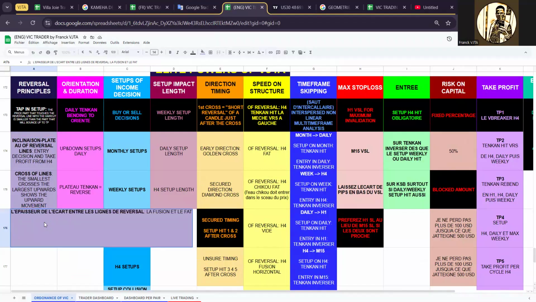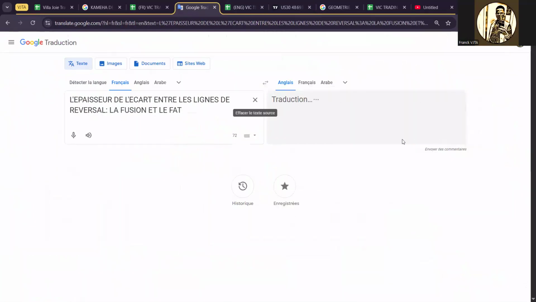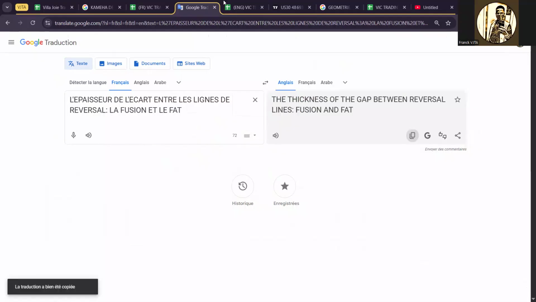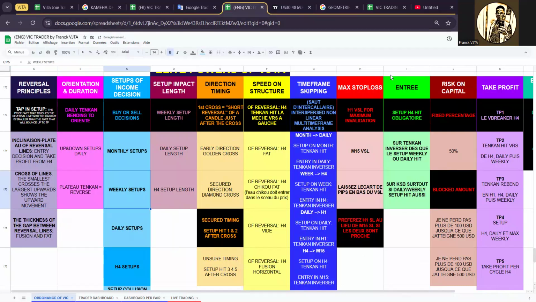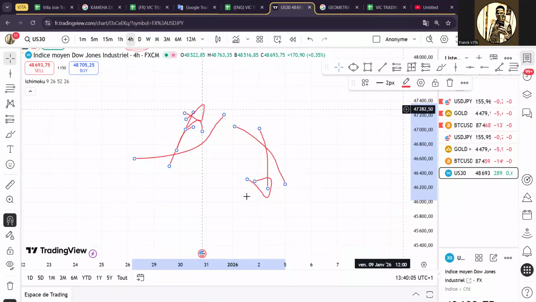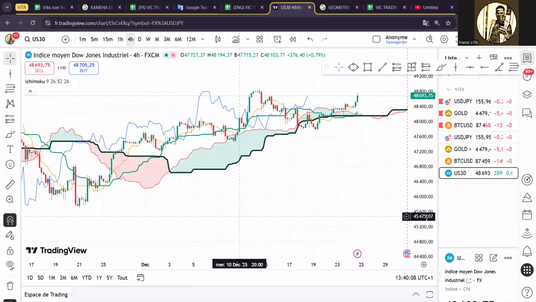So now we have the separation, the amount of separation, the thickness between the lines, right? The fusion or the fat gives you the sign of the movement, right?